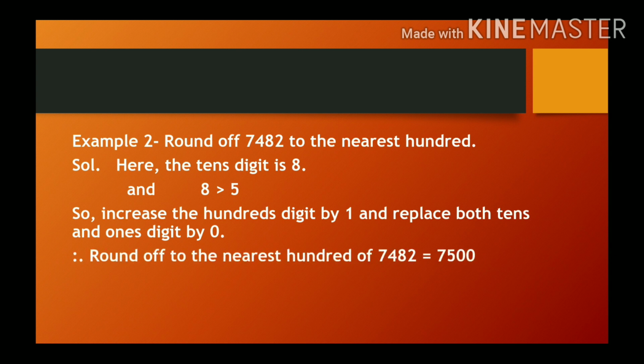Therefore, 7482 rounded to the nearest 100 is 7500. We can see here the hundreds place is increased by 1, so 4 becomes 5, and the tens place and ones place both become 0, as we have seen in the working rule.